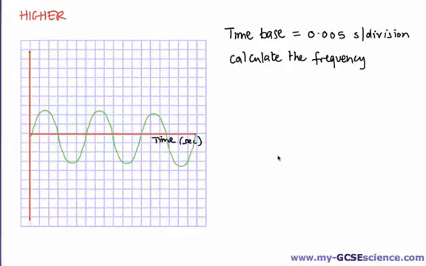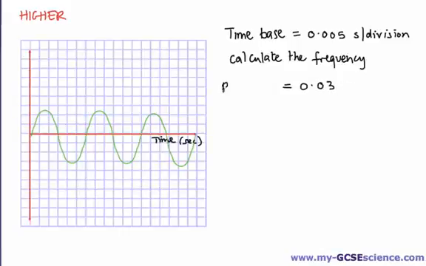Right, so how do we do this question? Similar to what we've done before, we've got a time base of 0.005 seconds per division. So let's have a look. We've got 1, 2, 3 divisions up to half a cycle, but we don't want half a cycle, we want the whole cycle. So it's 1, 2, 3, 4, 5, 6. So we've got 6 divisions. 6 times 0.005 will give us 0.03.